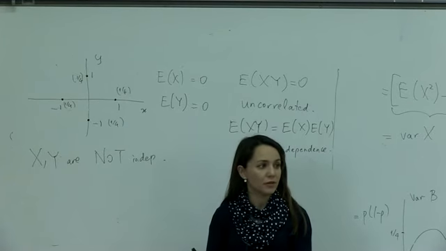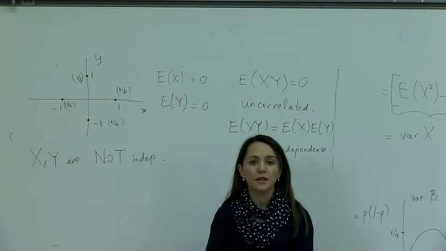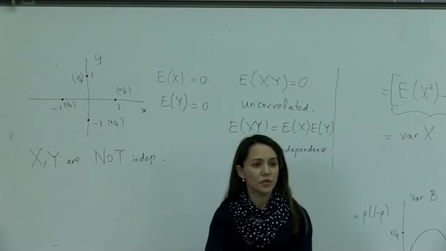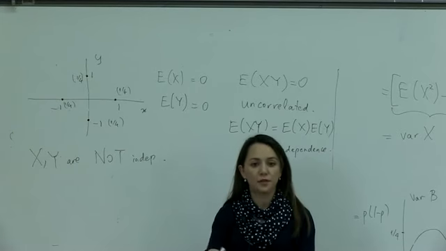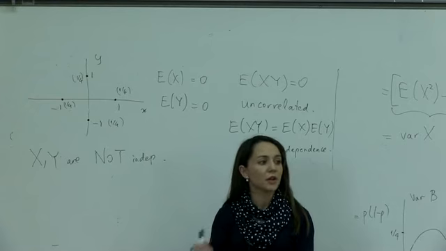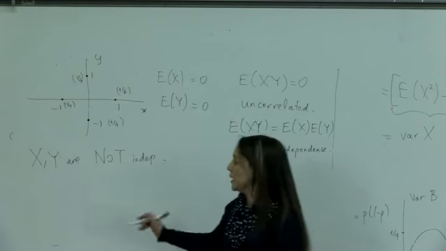But in general, X can take the values -1, 0, and 1. So the marginal distribution of X is different from the conditional distribution of X conditioned on Y. Let me write this down.